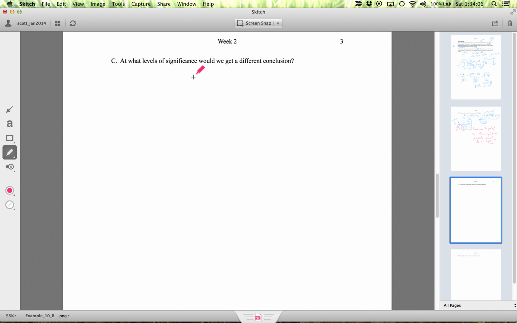At what level of significance would we have reached a different conclusion? Remember, our p-value was 0.014.